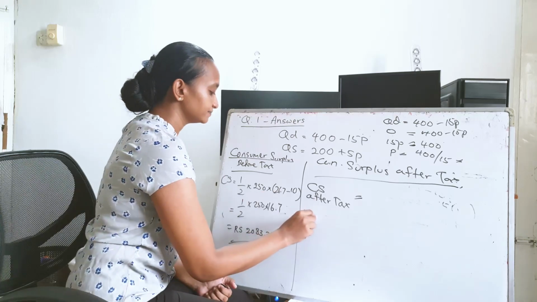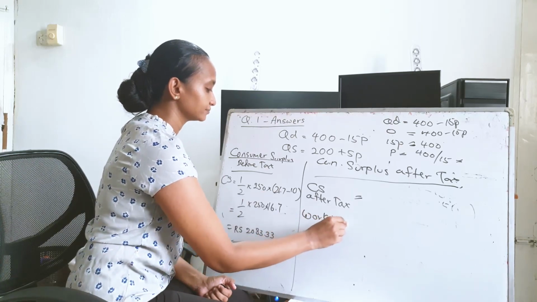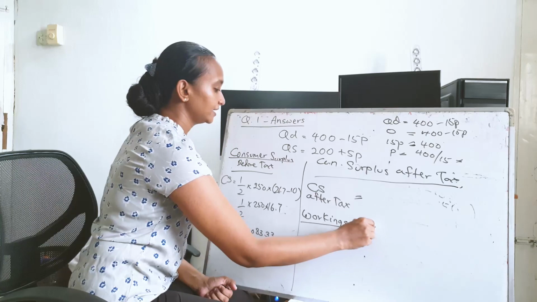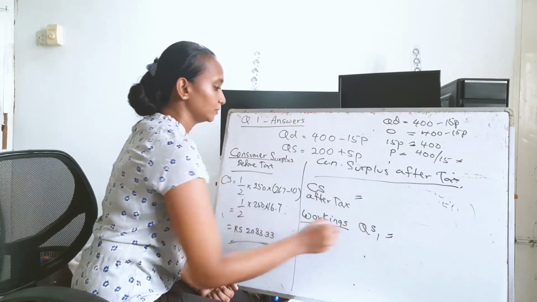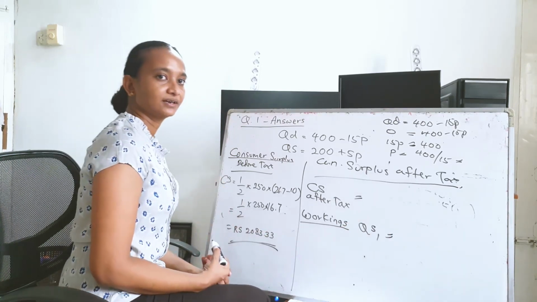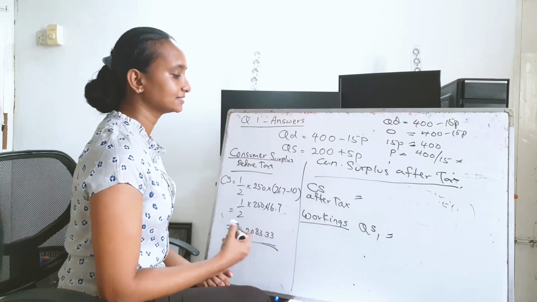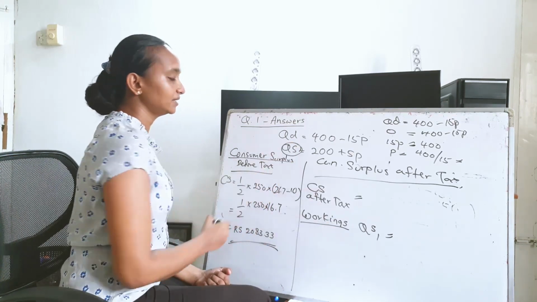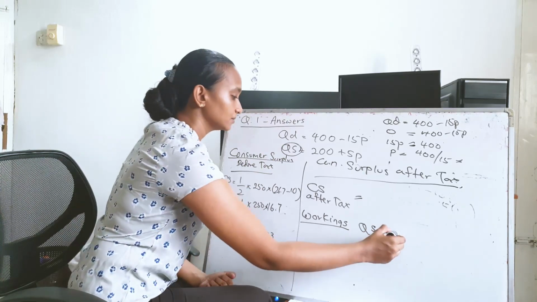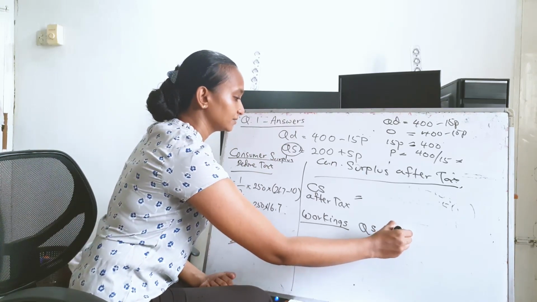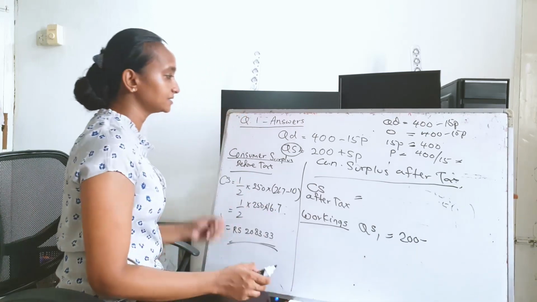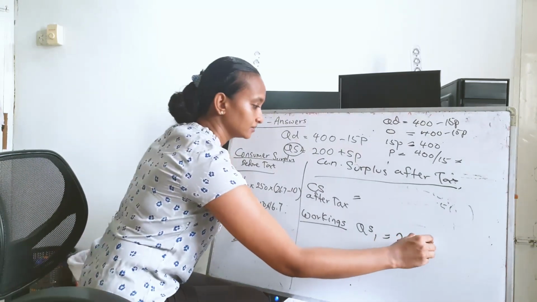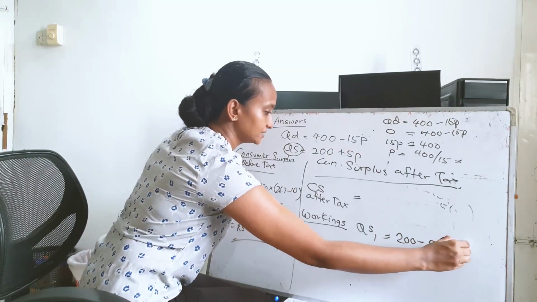As workings, you have to find QS1. Hope you remember that when taxes are imposed, only QS will get affected. So QS1 is 200 plus 5p minus t.